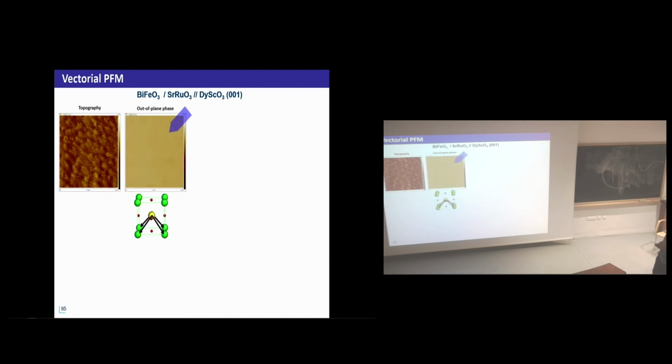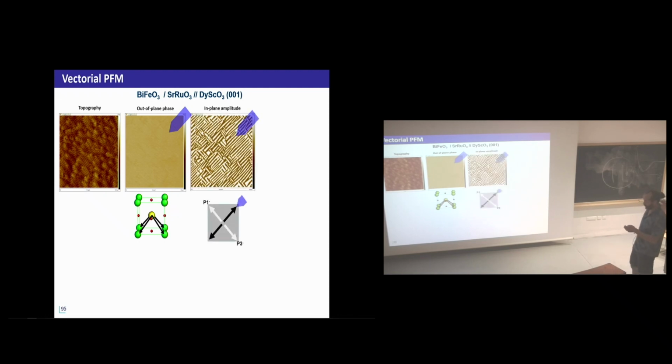Then, this is the out-of-plane phase image. No contrast. Only one component out of plane, either up or down. In this case, it's down. So I have 4 possibilities: P1 minus, P3 minus, P4 minus, P2 minus.